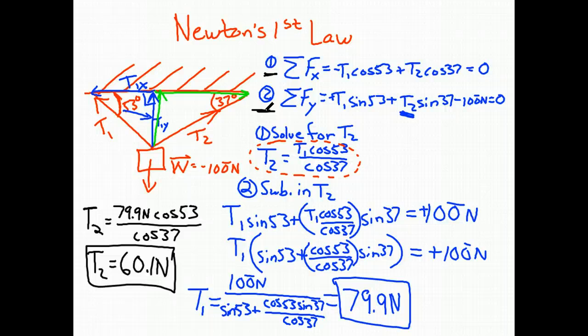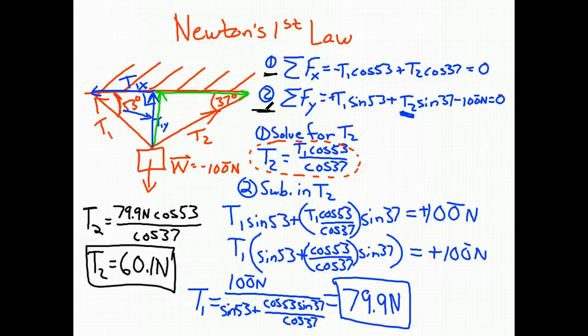Choose one of the equations to solve for one of the tensions, and I choose equation 1, and I solve for T2. I substitute in T2 into the second equation, because that's how you solve when you have two unknowns and two equations. I found T1 to be 79.9. I plug that back in to something easy, an equation that was the easiest to find T2, and that's 60.1.